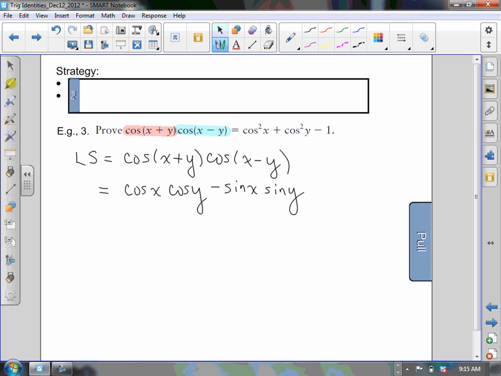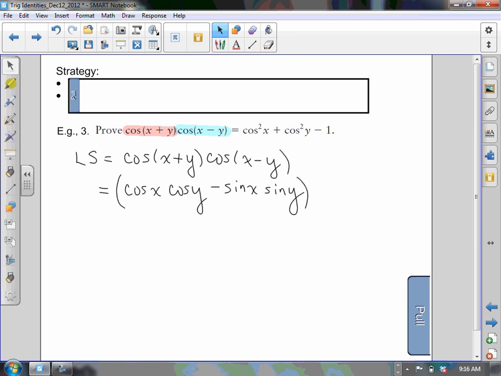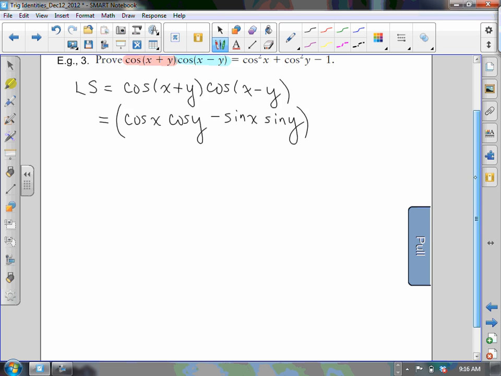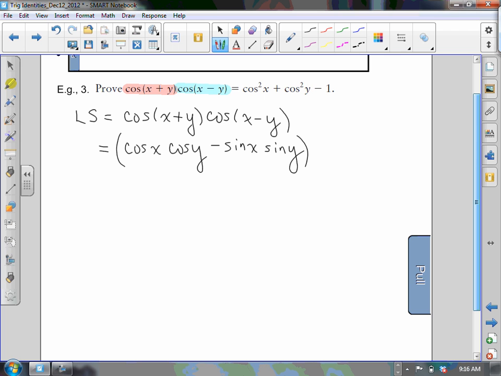This is being multiplied by the expansion of cosine of x minus y, which is virtually the same thing as what we've written down, except the difference is that there is an addition sign between these two products, cos x cos y and sine x sine y.